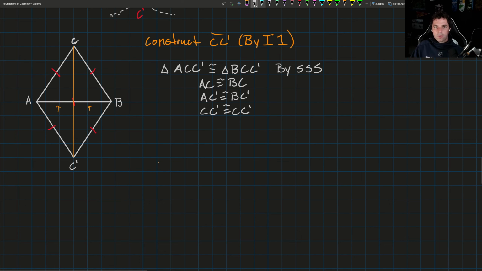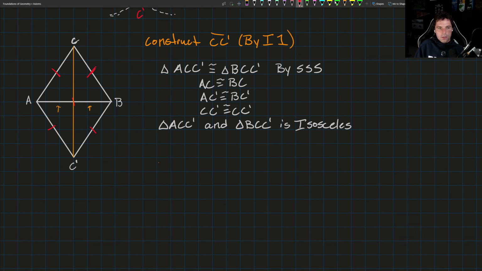Okay, now I want to back up just a second. We know that triangle ACC prime and triangle BCC prime are isosceles, because they have these lengths congruent to one another.